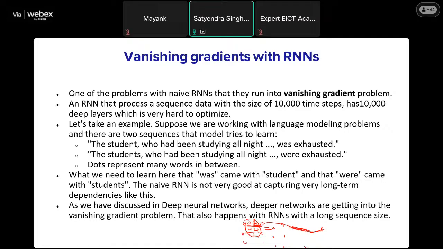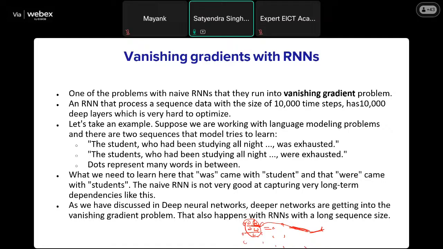So what happens when you have this derivative chain multiplication, and when you multiply those numbers, eventually those gradients might be near zero.